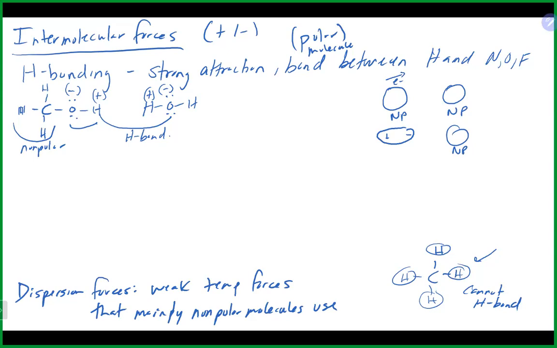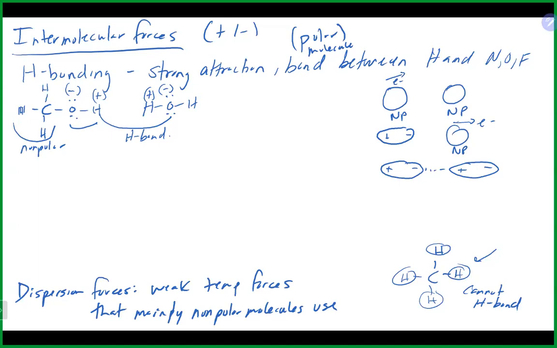And now if that molecule is still near this other nonpolar molecule, that's going to cause the electrons in this one to go to the opposite side. And now this second molecule, which also normally does not have a charge, will gain a temporary charge.